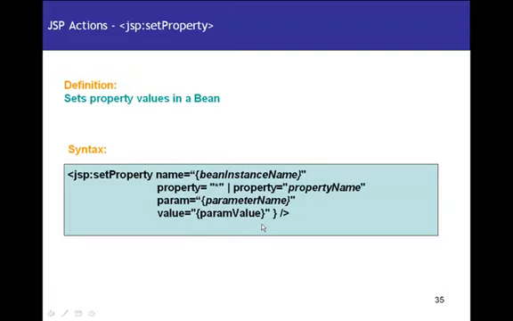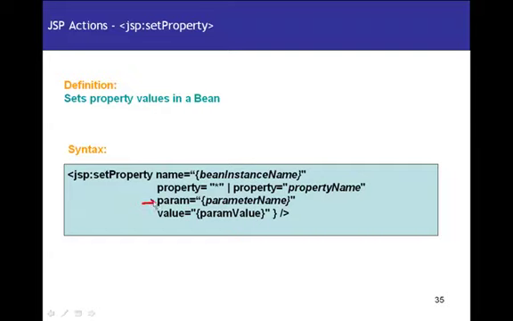right? So let's say that I have a field for username on my page, and I want to update whatever value was entered in that field for username to this property in this user bean, right? So how can I do that? I can basically map that to the param.